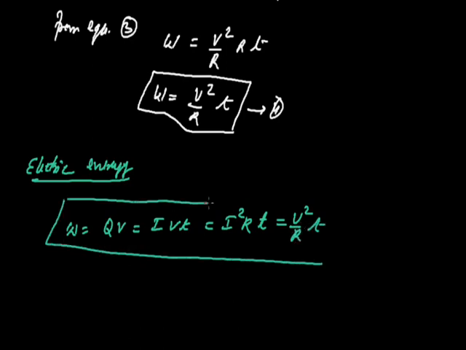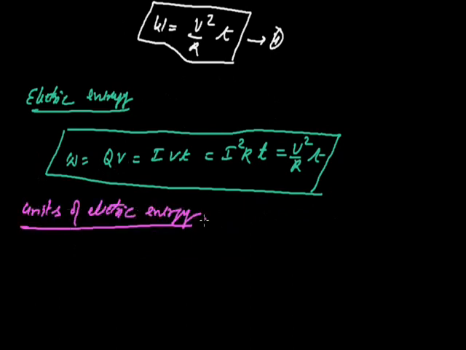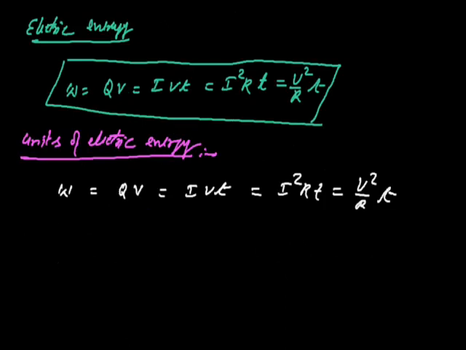Now the units of electric energy. We can easily find the electric energy units from W is QV, which is also IVt, I square Rt, V square upon R into t. With the help of these, the unit of electric energy is joule. From QV it is coulomb into volt.